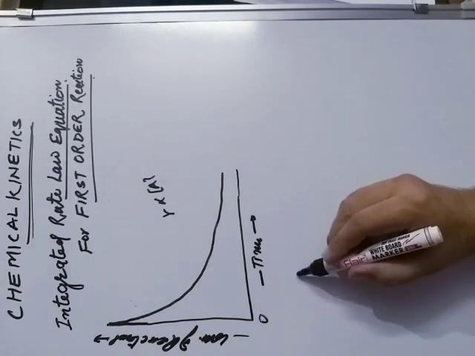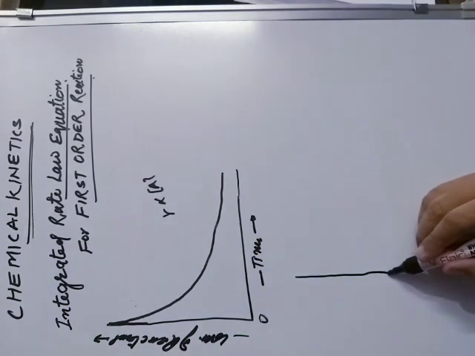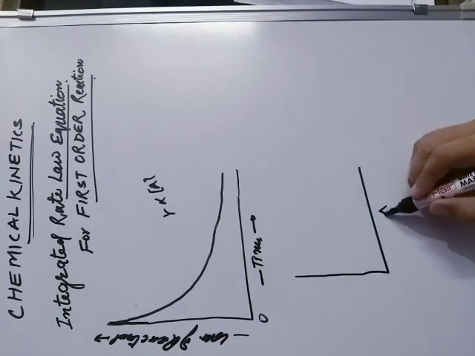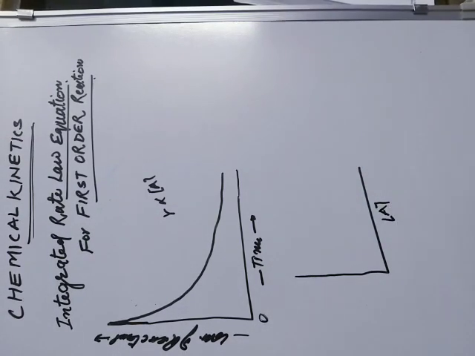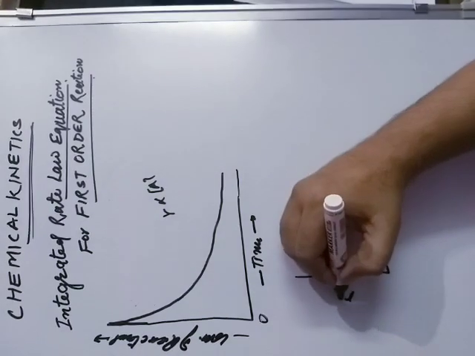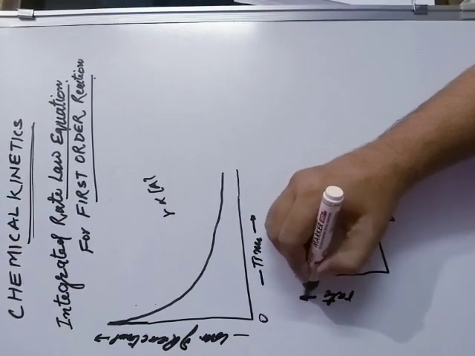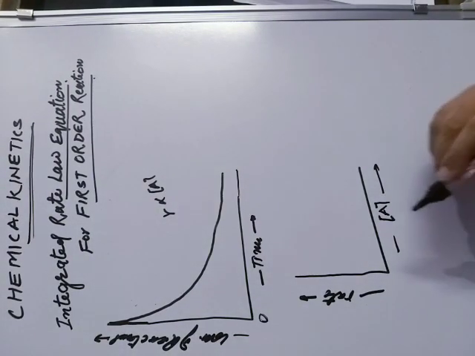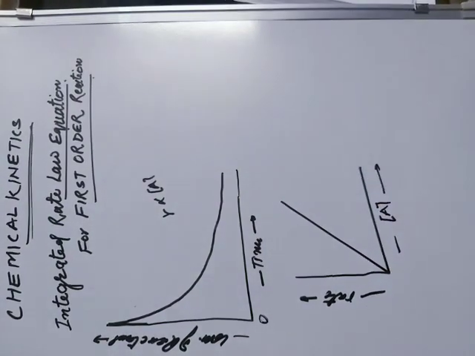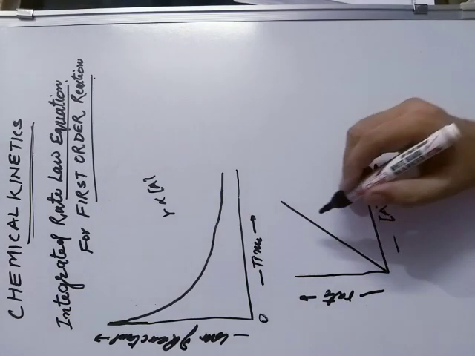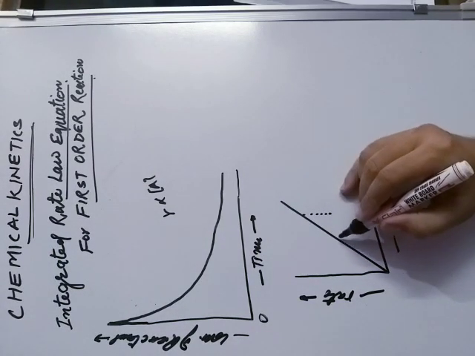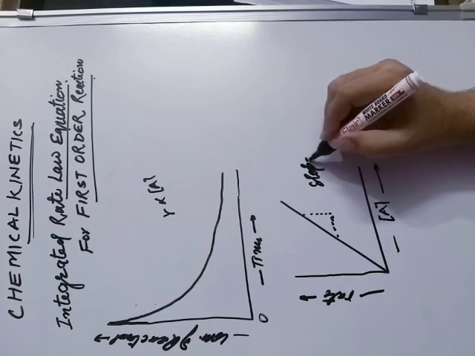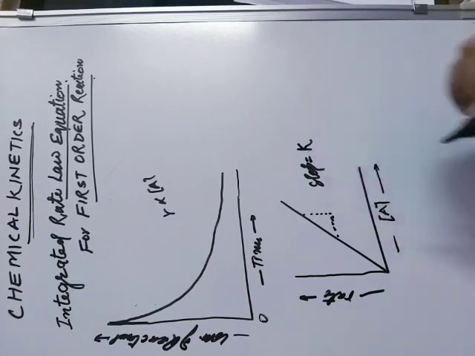If we make a graph between concentration of reactant and the rate of reaction, then it will be a straight line. If you take the slope, that slope will be equal to K, right?